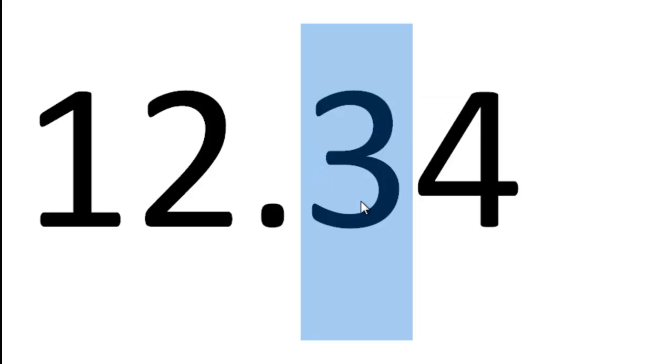Take the number 12.34 for example in decimal. This is really 12 with 3/10 added on and 4/100. That is, the part here is 3/10, which is obviously 0.3, but it's also 3 divided by 10, or 3 divided by 10 to the power of 1.